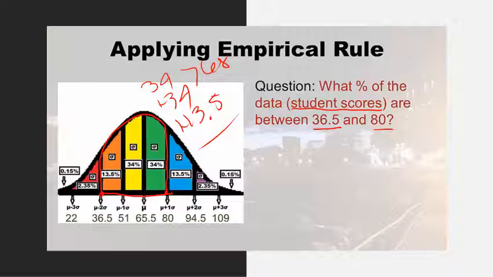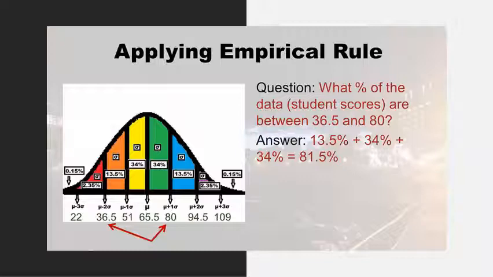Give me 1 second. Can't add today. Plus 13.5. So 81.5% would be the percentage of data, or student scores, that are between 36.5 and 80. And that's how you would figure that out.